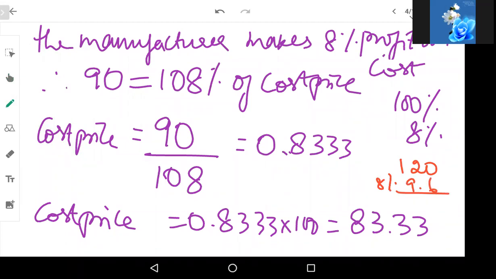So 9.6 plus 120, 129.6. So which means this is the cost price, and on this I am adding profit. So this is the selling price.